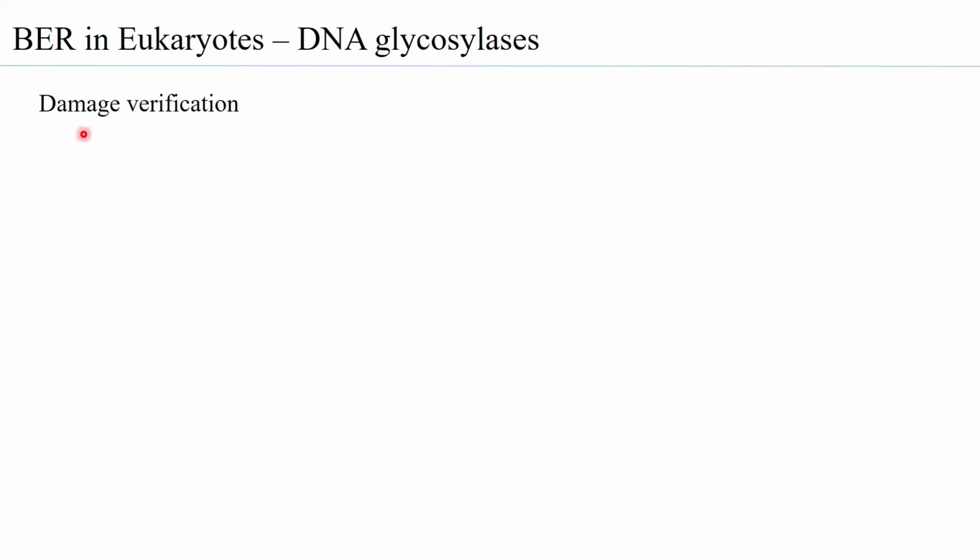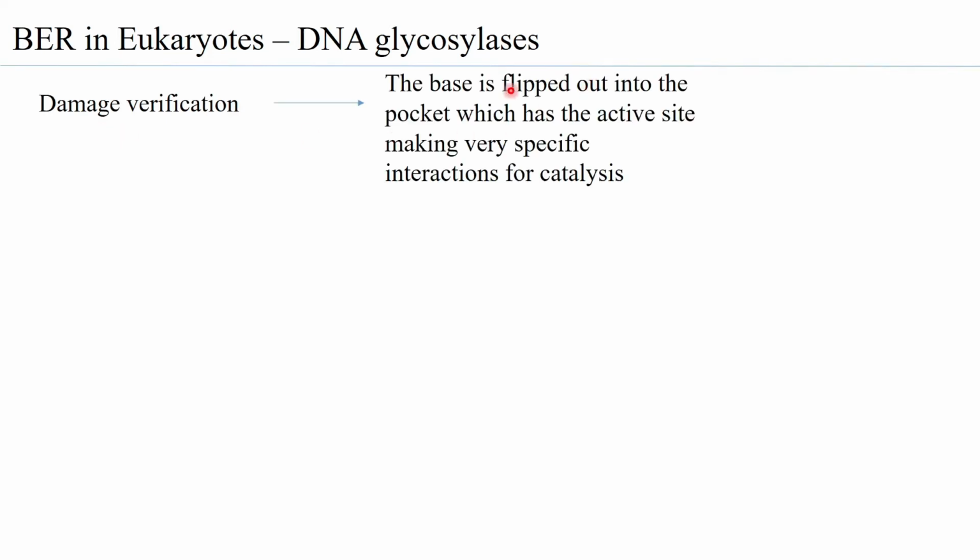Now, the DNA glycosylases have to verify that it is a damaged base. So how does it verify? It generally verifies by rotating the base, which is flipped out into the pocket, and once inside the pocket, the active site has a very specific microenvironment that can interact with the flipped base to carry out catalysis and break the glycosidic linkage between the sugar and the base.